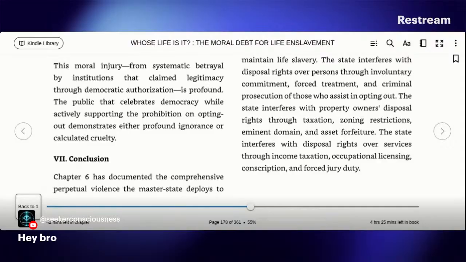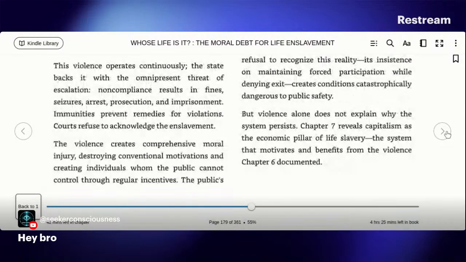The state interferes with disposal rights over services through income taxation, occupational licensing, conscription, and forced jury duty. This violence operates continuously. The state backs it with the omnipresent threat of escalation. Non-compliance results in fines, seizures, arrests, prosecution, and imprisonment.